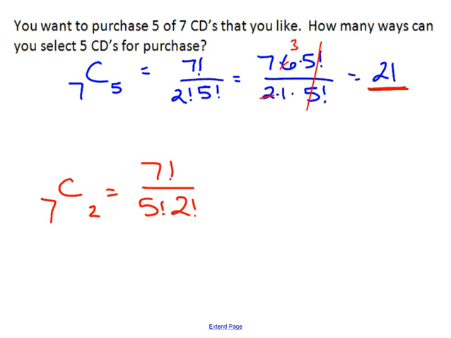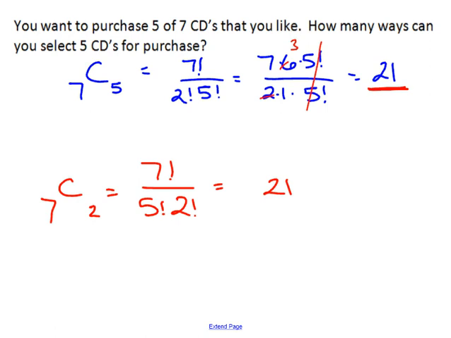I've got to put two back. So how many ways could you pick two albums to put back on the shelf? It turns out there are 21 ways. And if there are 21 ways for you to put two albums back, then you can walk out of the store with 21 different ways of selecting five.